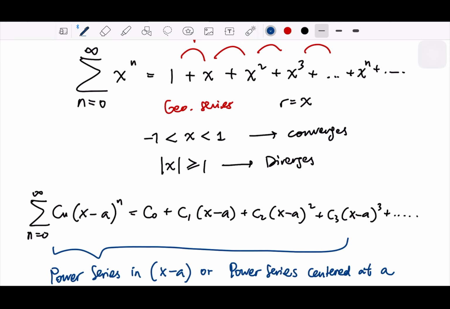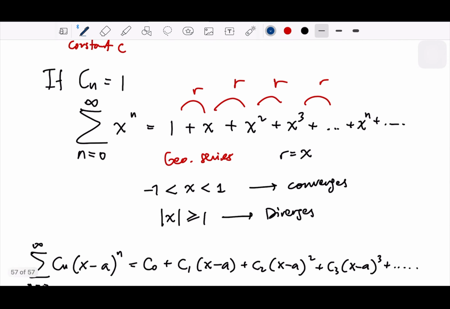It has some radius. So the convergence will be in some range of x, and maybe that will be for a later discussion. But for now, let's just look here.